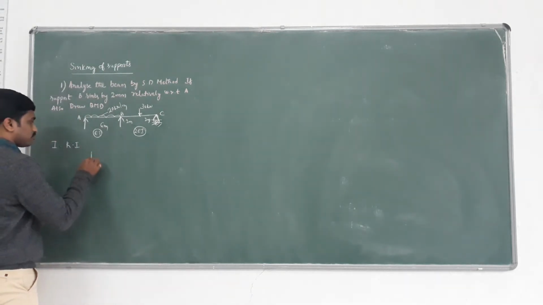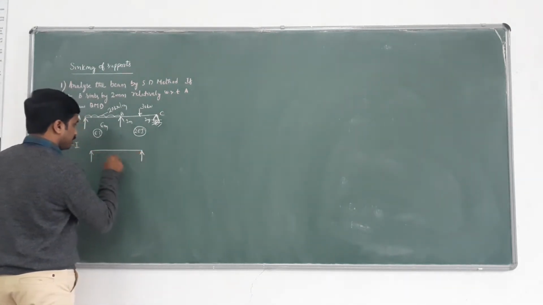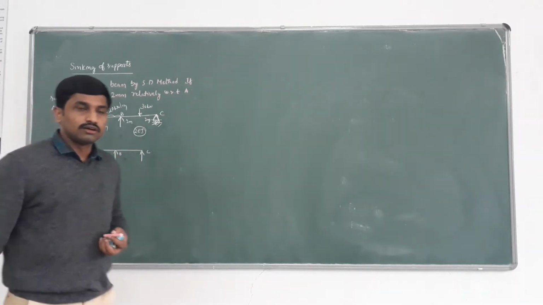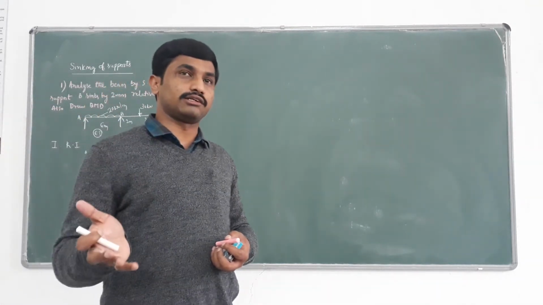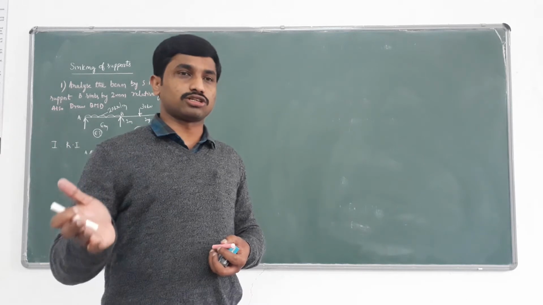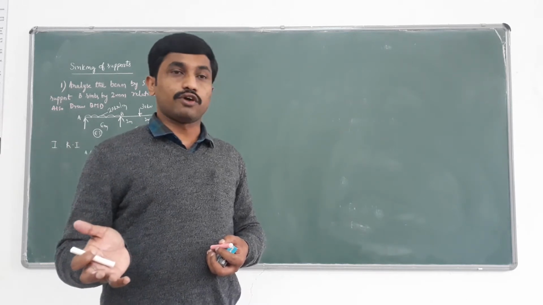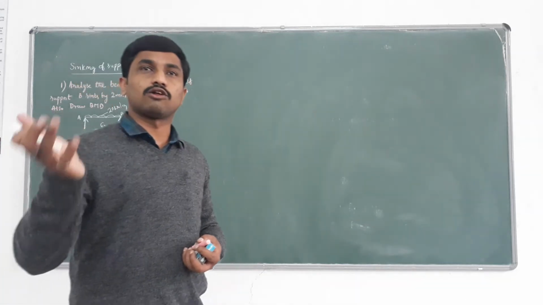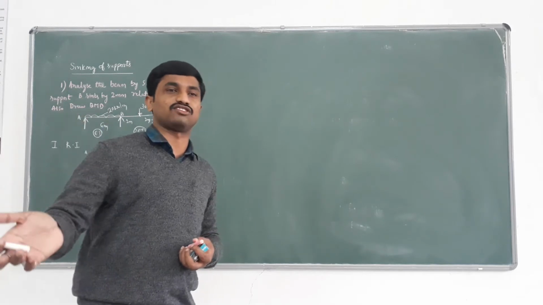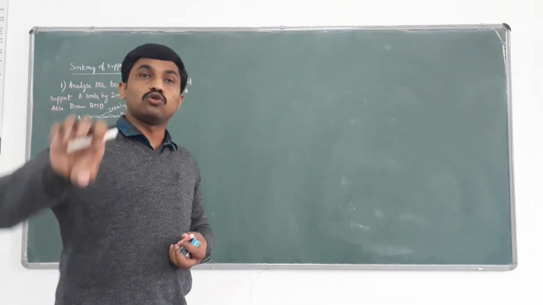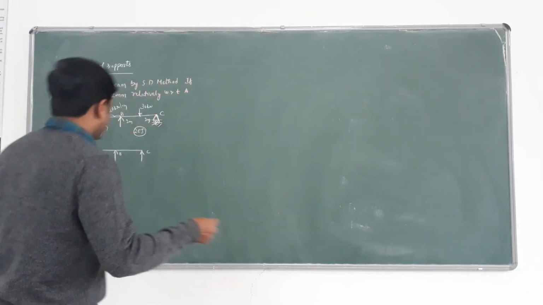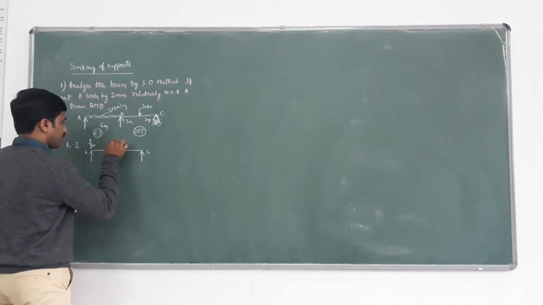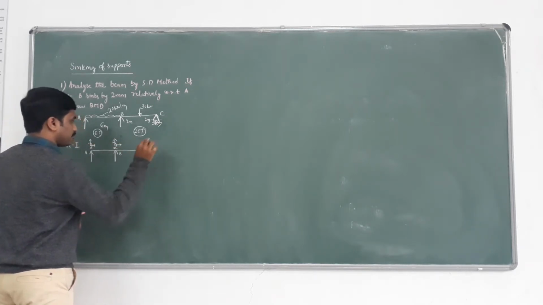Keep in mind that we assume the structure is axially rigid, which means there is no deformation along the axis; X-axis deformation is 0, Y-axis deformation is also 0. We are considering only rotations as displacements. The possible displacements at each joint are 2 translations and 1 rotation.